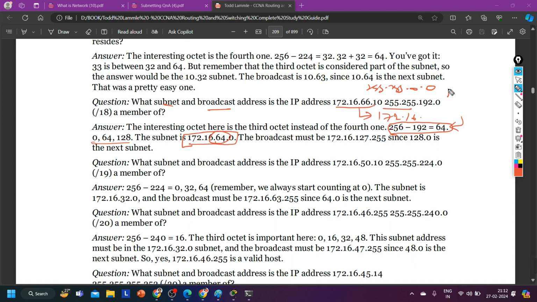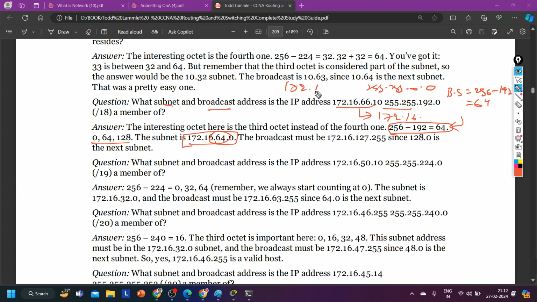Because tell me the block size. 256 minus 192, right? What value will I get? 64. Now check.